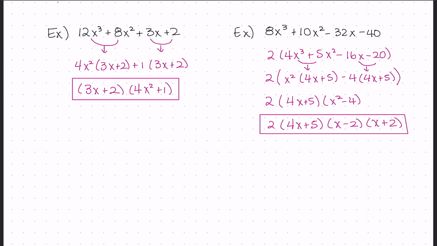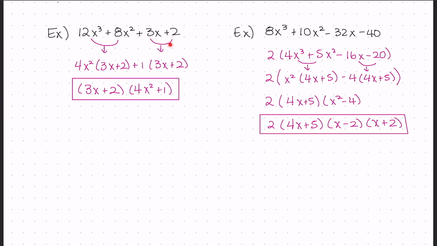So if we take a look, the first example has no greatest common factor, so we can just start factoring by grouping. Look at the first two terms. There is a greatest common factor of 4x squared. When we factor that out of these two, we're left with 3x plus 2.